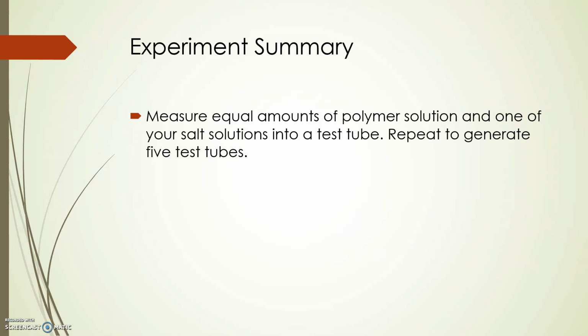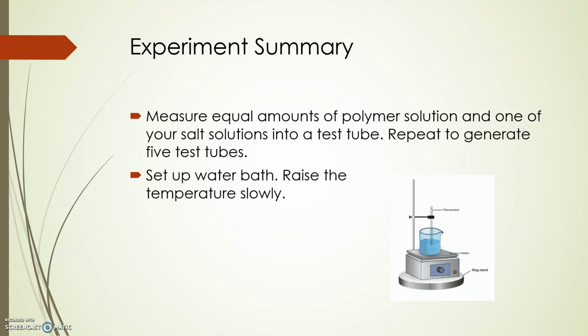Set up a water bath using a small beaker, hot plate, and temperature probe. Make sure the probe is not resting on the bottom of the beaker by clamping it in place. Place your test tubes into the water bath and ensure that they are not bobbing nor tipping over. Be able to observe all 5 test tubes simultaneously.